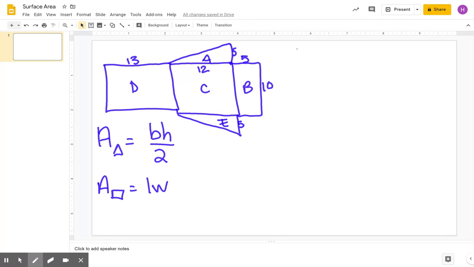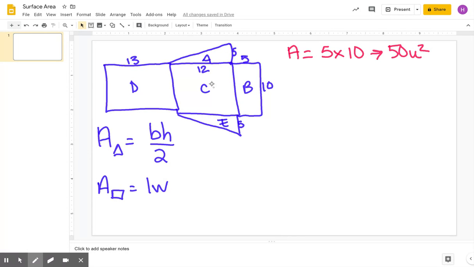Let's take a look at our rectangles. So let's look at the first one. Let's start with B. So the length is 5 and the width is 10. So the area of that rectangle is 50 units squared.